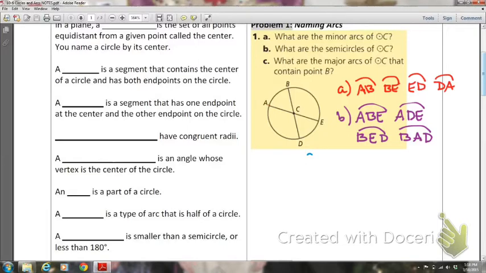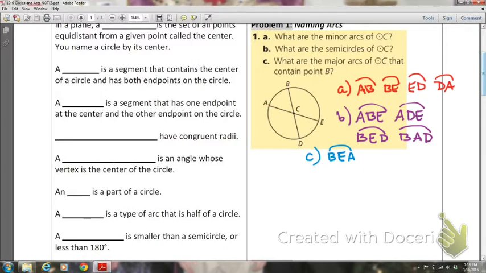And then part C asks what are the major arcs of circle C that contain point B. So let's start at point B and name a major arc. If I start at B, go through E, and end at point A, that is one.